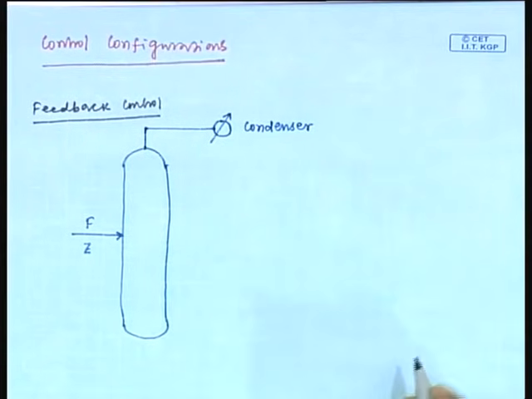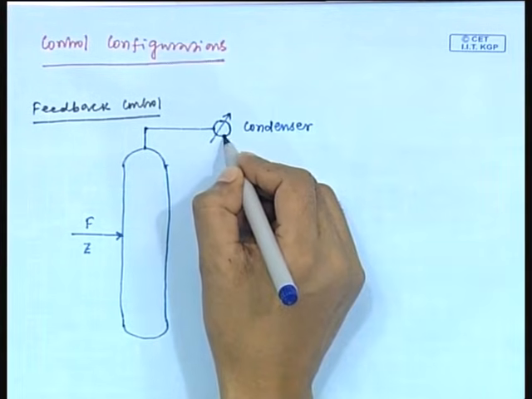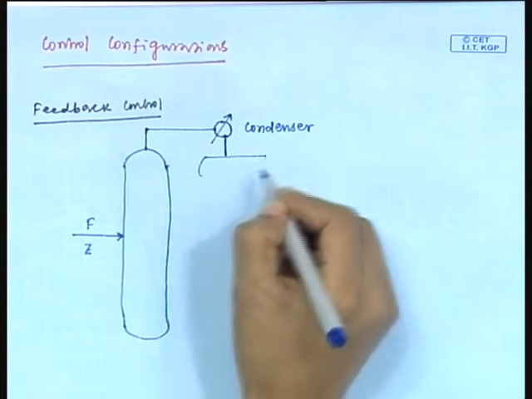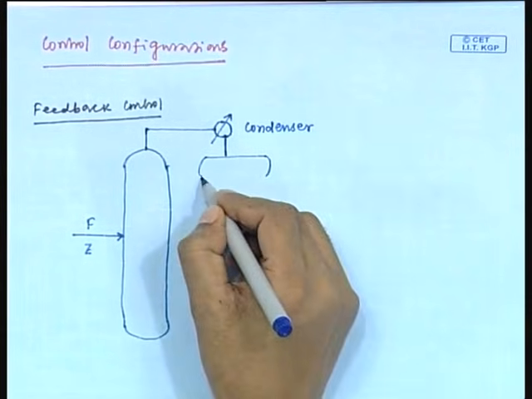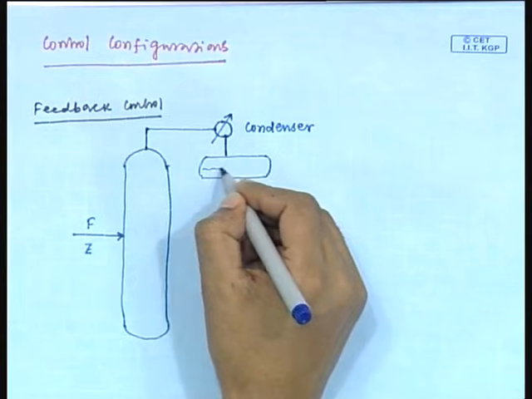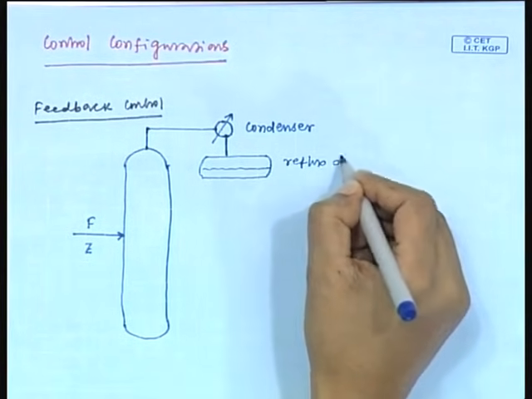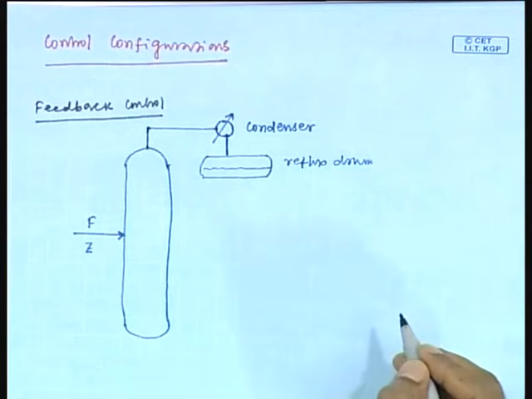Then the condensed liquid is accumulated in a drum, which is the reflux drum. This is also called the reflux accumulator.